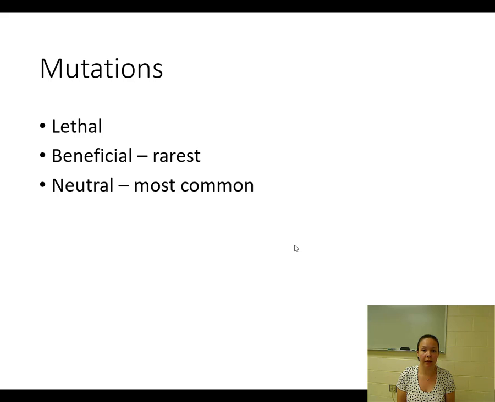But this is very rare. It's not common for beneficial mutations to just spontaneously arise in populations. Neutral mutations are those that are most common, and neutral by definition are mutations that have no effect on survival or reproduction of the organism.